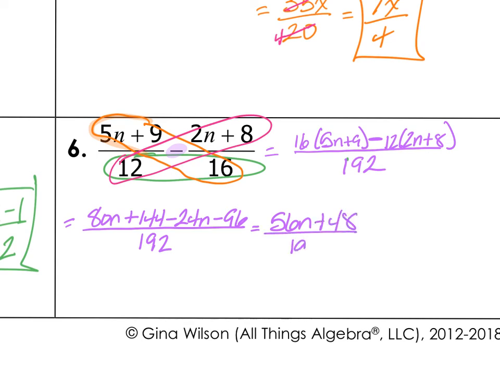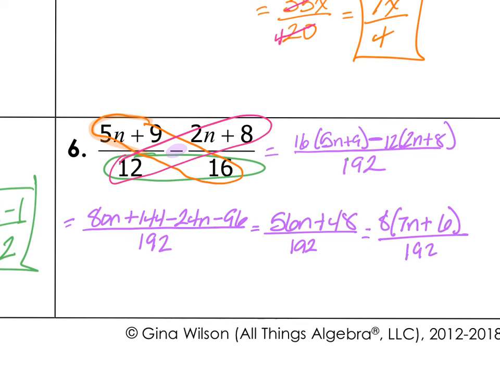All over 192. Now I need to simplify this, and I need to find out what goes into 56 and 48. I think it's 8. 56 divided by 8 is 7. 48 divided by 8 is 6. Yep. So 8 goes in there. So it'll be 7n plus 6.